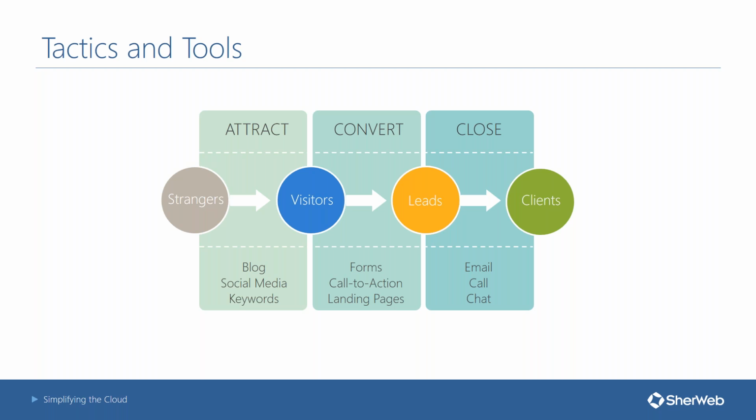And once again, you can have those 3 at any point in the buyer's journey. So you have your stranger that you're trying to attract. How you do that is through blogs, social media, and keywords. A little bit later, we're going to talk about how to do that with Office 365, so I don't want to spend too much time on it right now. We're just going to do a little overview.